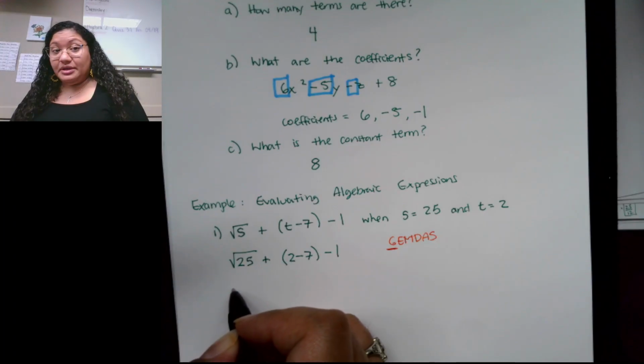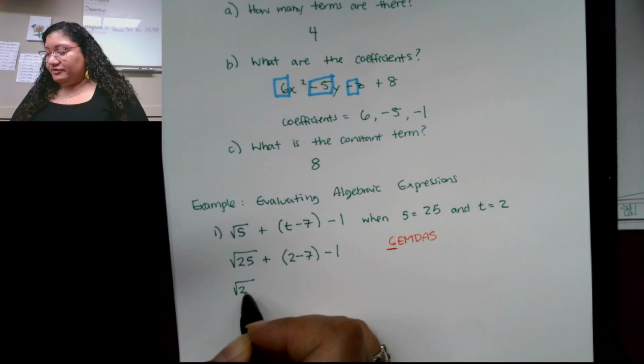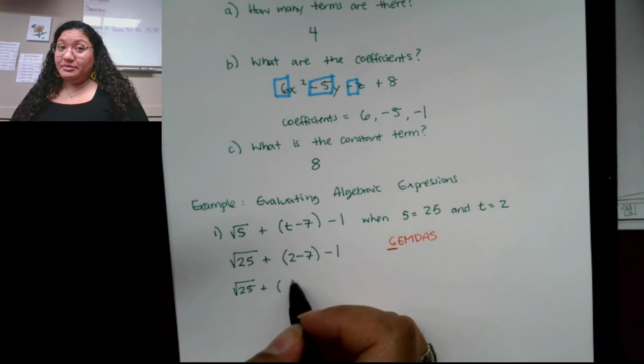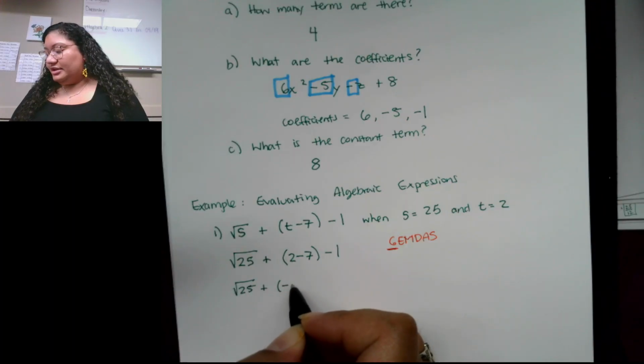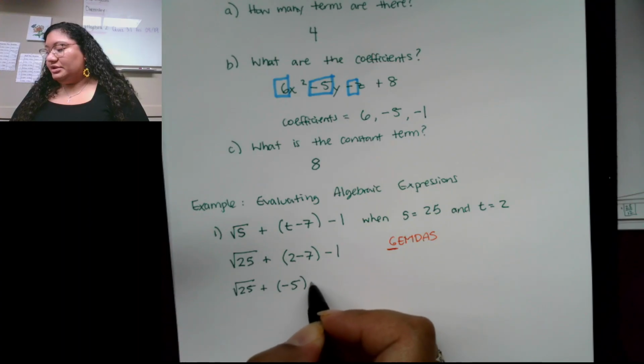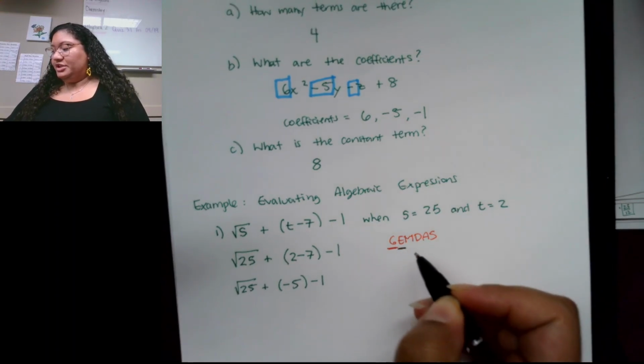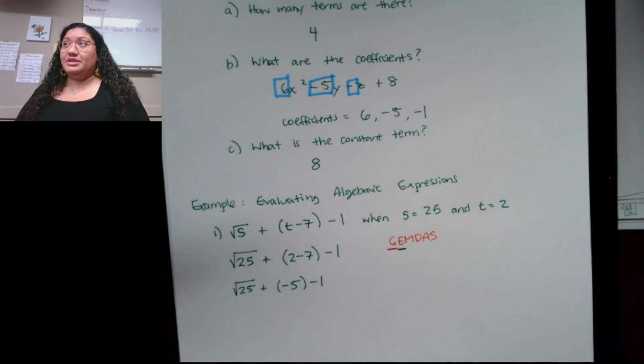So I'm going to bring everything else down, so square root of 25 plus, what is 2 minus 7? It's negative 5. Remember, opposite signs, they subtract, and then the bigger number leads. Now what goes next? Now, we do exponents, which includes our roots as well.